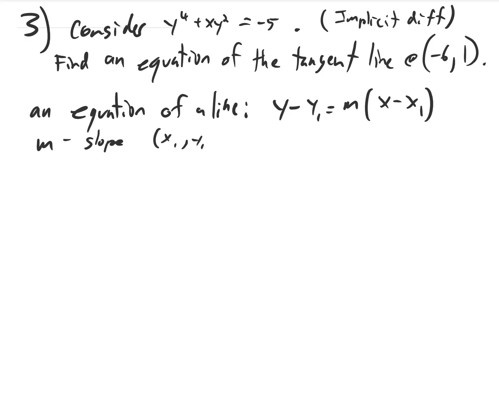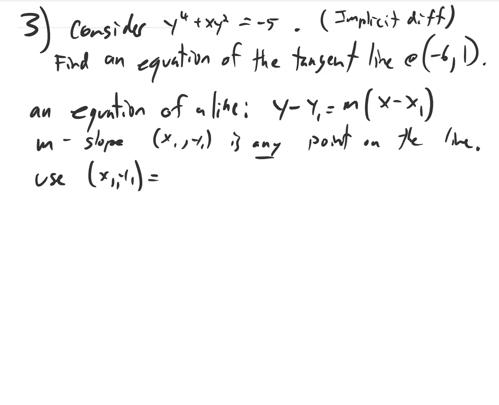And the point x1, y1 is any point on the line. Well, we've been given 1 point on the line, so let's use x1, y1 equals -6, 1. Though there are infinitely many points on this line, and you could use any of them to get a correct answer, why not use the one that we've been given?